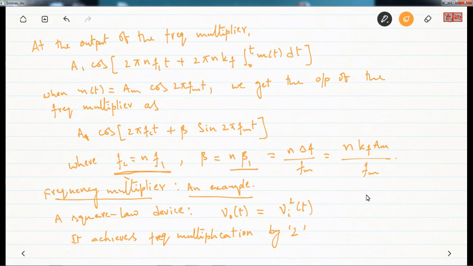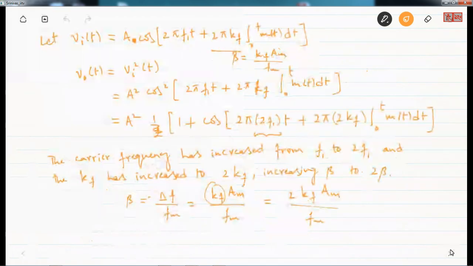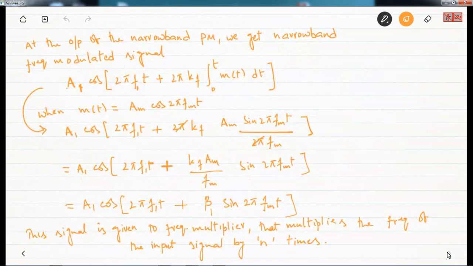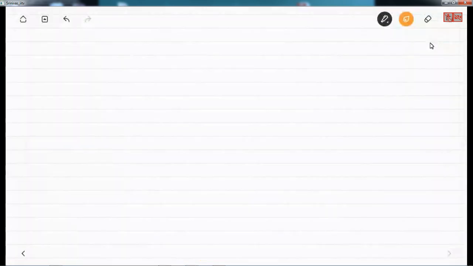And then what remains is the direct method. So I'll just quickly introduce in 2 minutes another method of generating FM, which is the direct method.